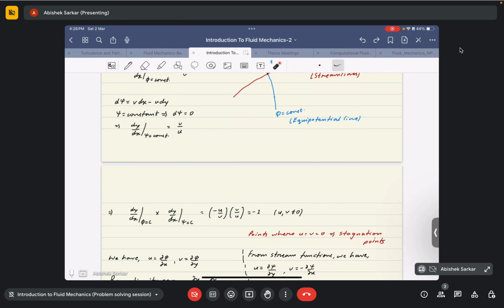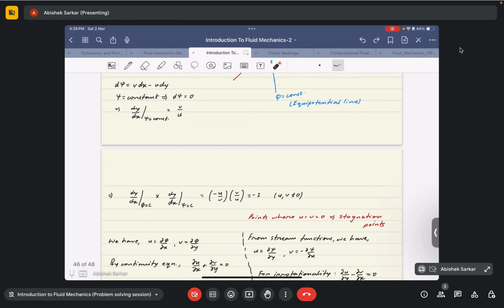By stagnation points I mean that the velocity at those points is 0, both u and v are 0 at those stagnation points. So the definition is that the lines of constant psi and the lines of constant phi, where psi and phi denote the stream function and the velocity potential respectively, are perpendicular to each other throughout the flow domain except at the stagnation points.